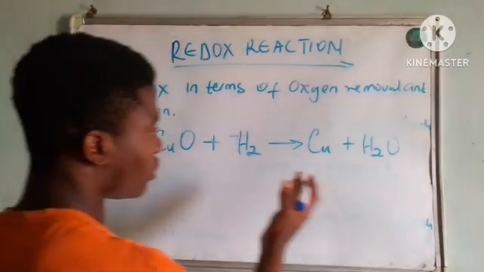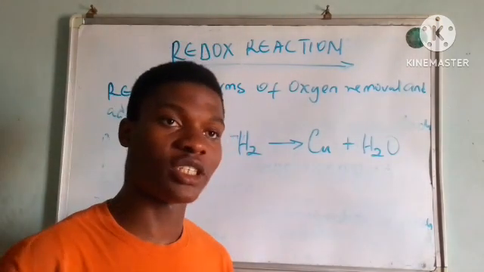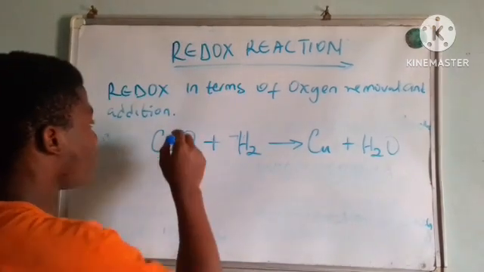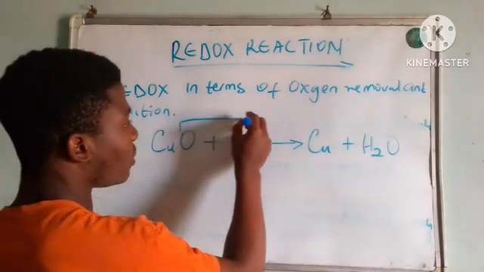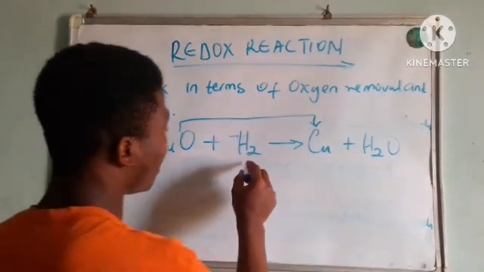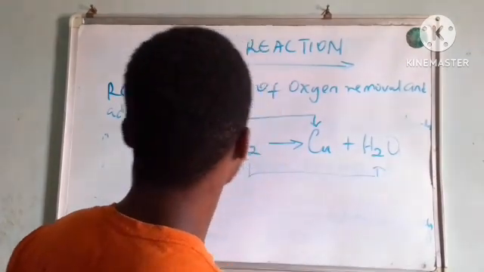In this reaction, if you remember, I told you that oxidation and reduction occur at the same time. We shall be seeing it also in this reaction. Here, copper 2 oxide turned to copper, whereas hydrogen turned to H2O, which is water.